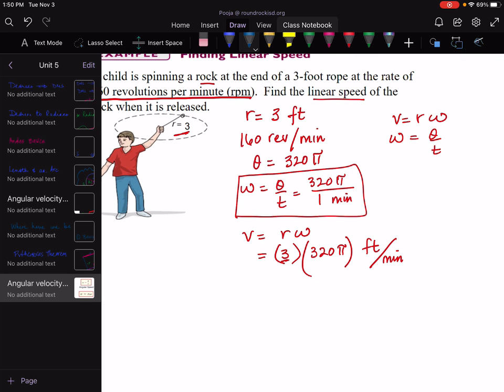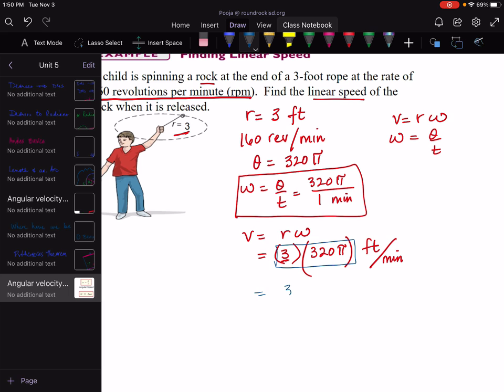Now, this question wasn't very specific. They didn't say find it in feet per minute or, I don't know, miles per hour. They didn't say that, so I'm not going to do any conversions. All I'm going to do is multiply 3 times 320 times pi.